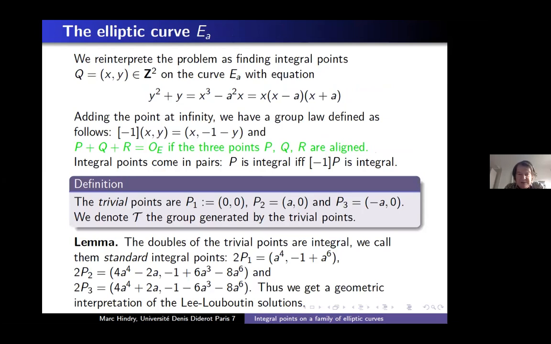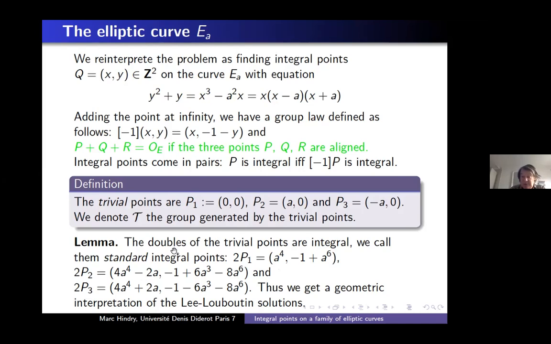A trivial remark is that there is a group on the set of rational points, but for example, multiplication by -1 preserves integral points. So integral points always come in pairs. That is, you have a y that's positive and a y that's negative. Essentially, we'll consider those as the same point.